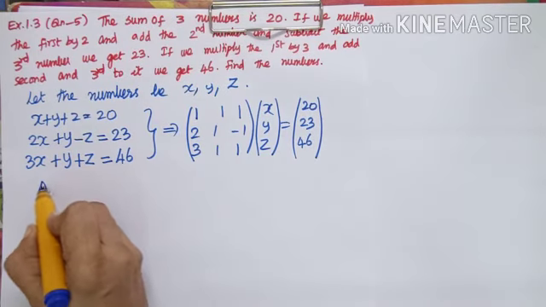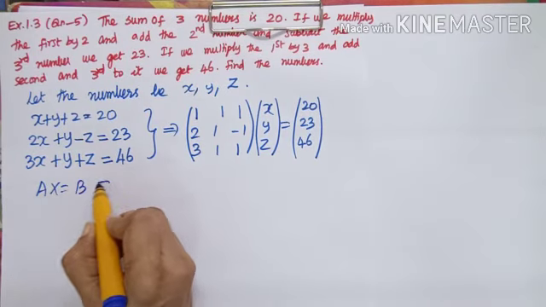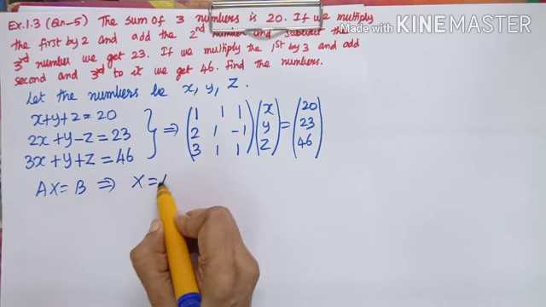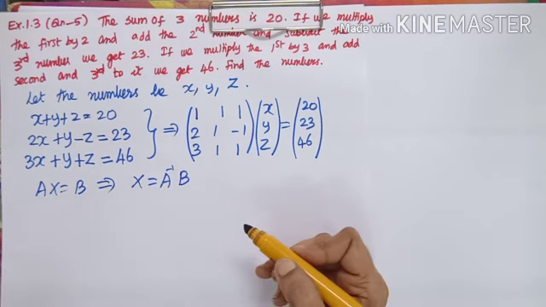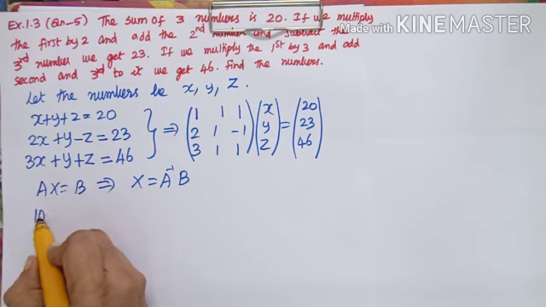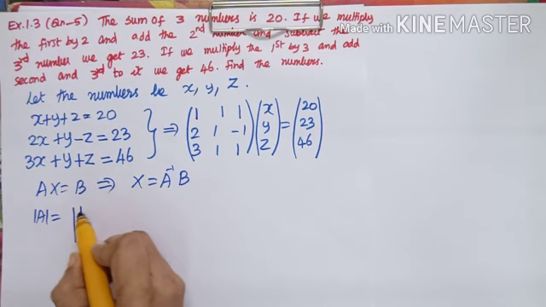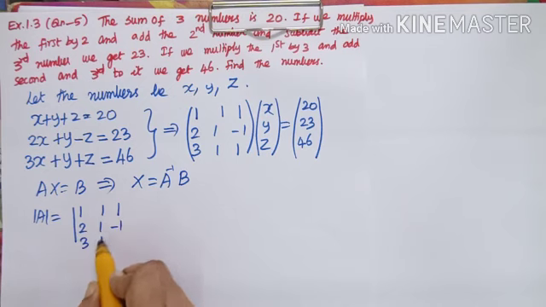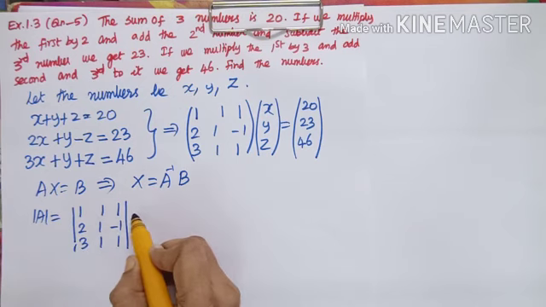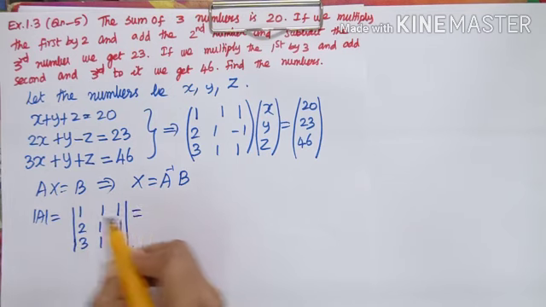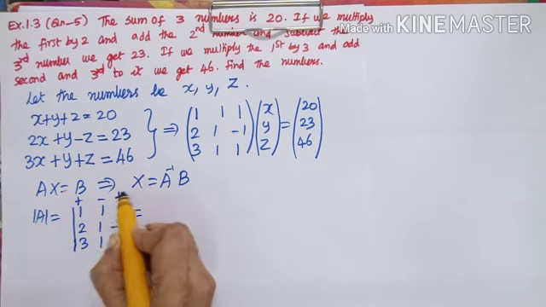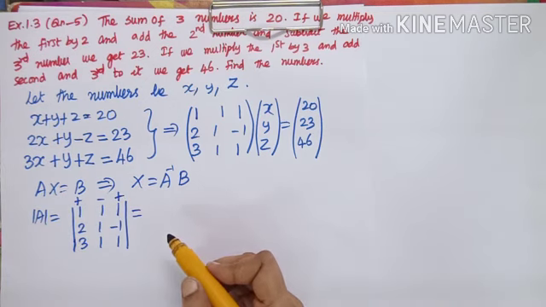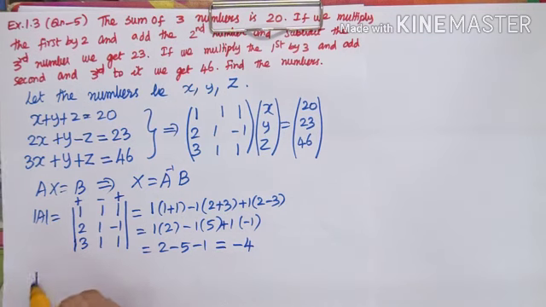Now writing this in AX equal to B form tells me X is equal to A inverse B. Proceeding with determinant A. It is [1, 1, 1; 2, 1, -1; 3, 1, 1]. As we expand the determinant, check whether you get this answer. Determinant A equals minus 4.